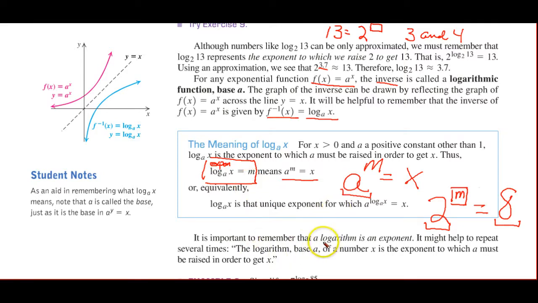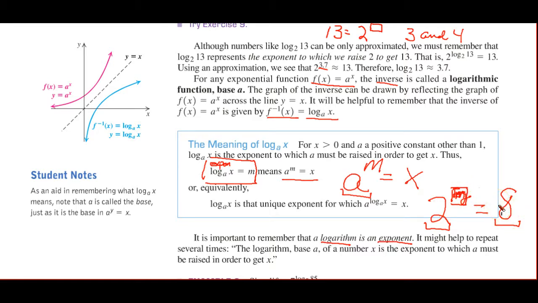And here they're saying it again. A logarithm is an exponent. What is a logarithm? The logarithm is an exponent. But again, I think this way is an excellent way. You're going to equate this to this, and you could put here log. So 2 to the log, 2 to the exponent equals the result.